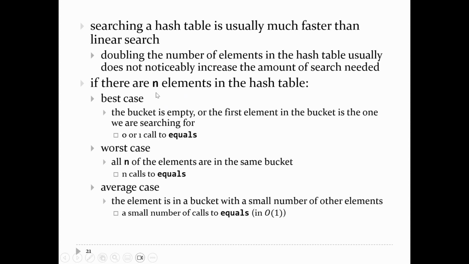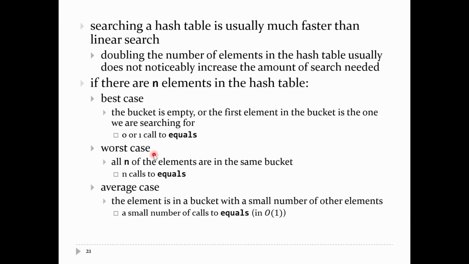Now, if you were actually to do the complexity analysis on this, if you have n elements in the hash table, in the best case, when you go to search the hash table, you look in a bucket and that bucket is empty, or the very first element in the bucket is equal to the thing you're looking for. So that's 0 or 1 calls to equals, so that's O(1) time.